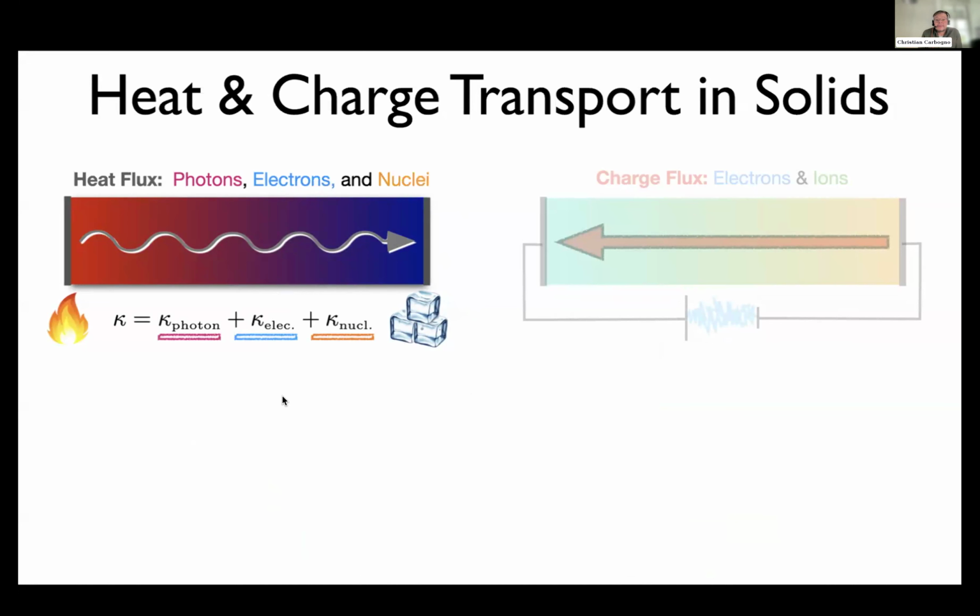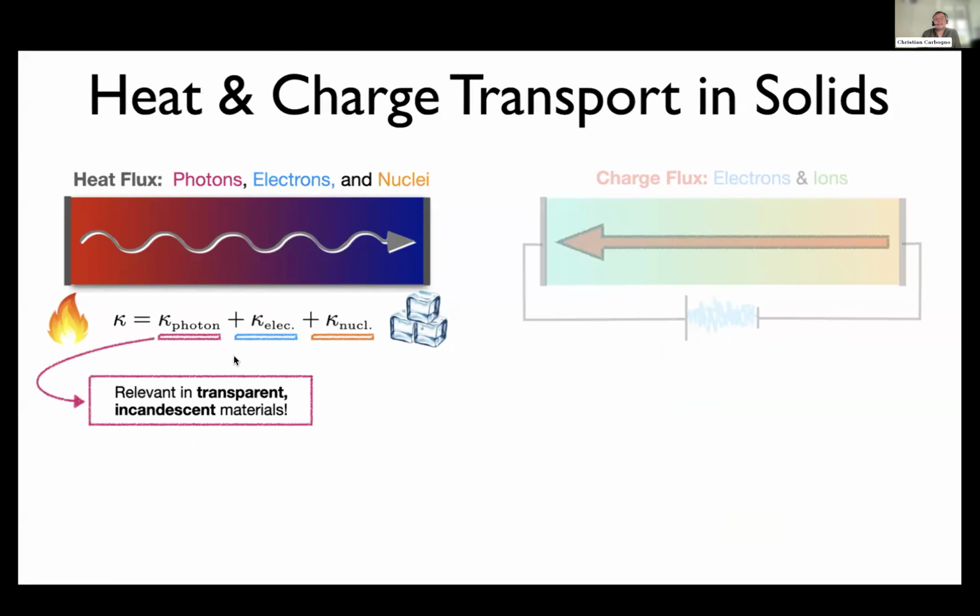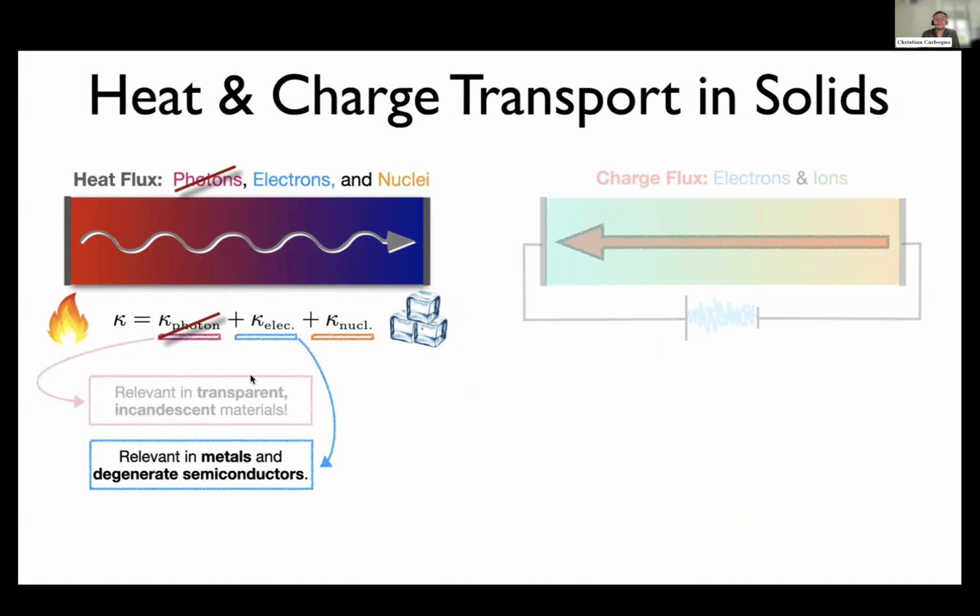We will make the problem even simpler. As said before, we have photons, electrons, and nuclei involved in heat transport, and at first we neglect the photons. These are only relevant in transparent or incandescent, so glowing materials, where you have a lot of photons being sent out. That is not the usual case, so we neglect that.